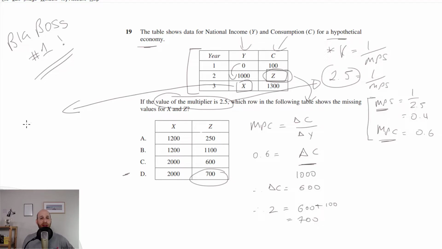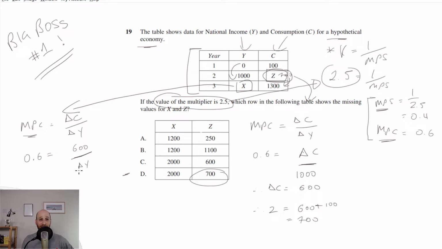So again, what we're going to say is we know that MPC, the marginal propensity to consume, is the change in consumption over the change in income. So we know again 0.6 equals the change in consumption here, which we can see here between now, if this is 700 to 1300, then that will be 600 over the change in Y.